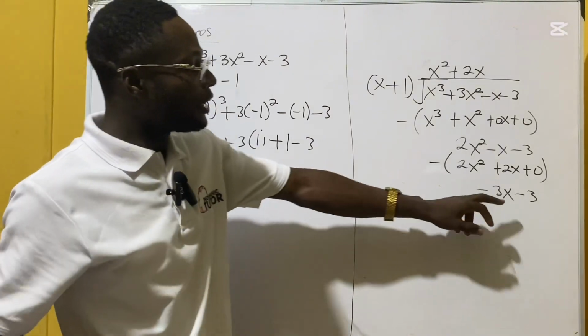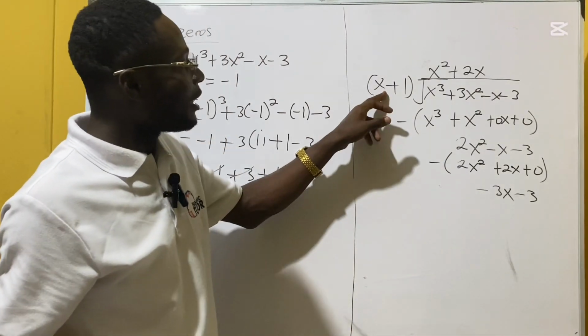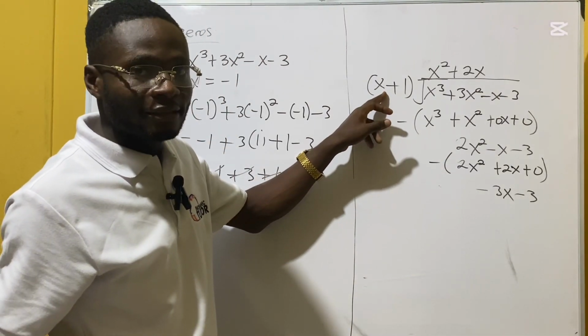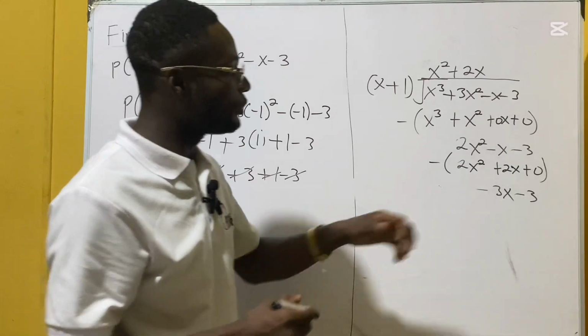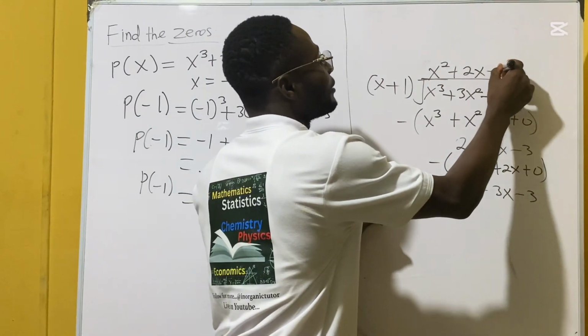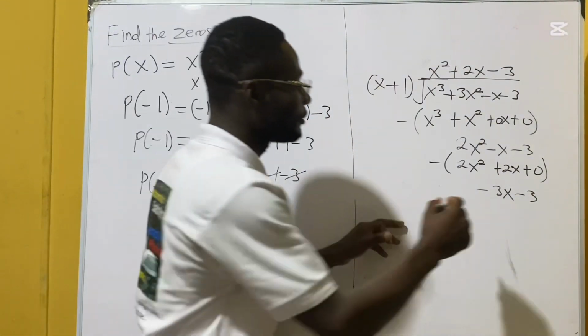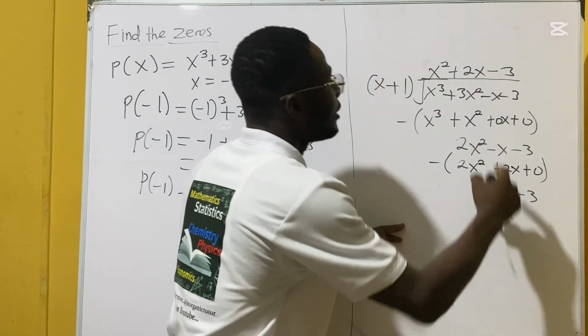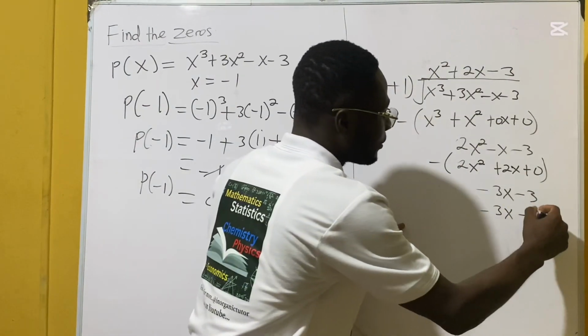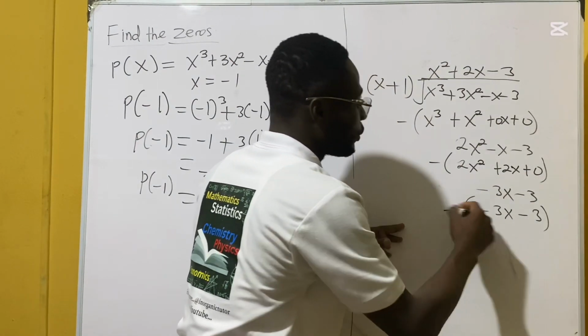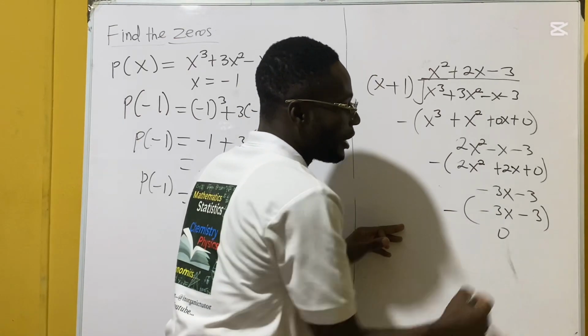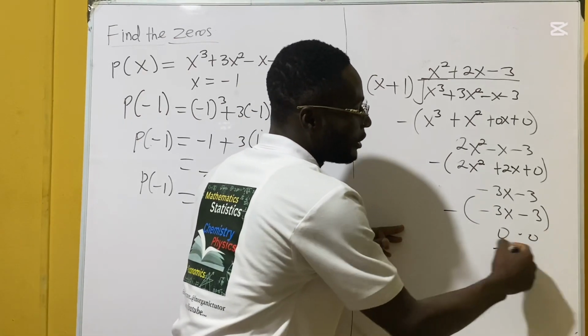We know that x can divide minus 3x, so when we do that, we are going to have minus 3. This times this becomes minus 3x, and this times this becomes minus 3. So we do the subtraction. We have 0 here and we have 0 here.